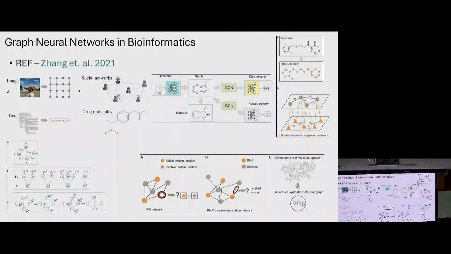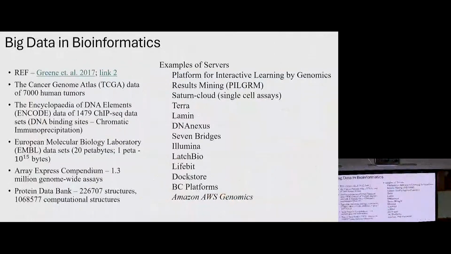So I will mainly focus on a couple of structural bioinformatics topics. The big data here is the entire PDB, EMBL, all of this data, which is fed into the large language models that we have today.